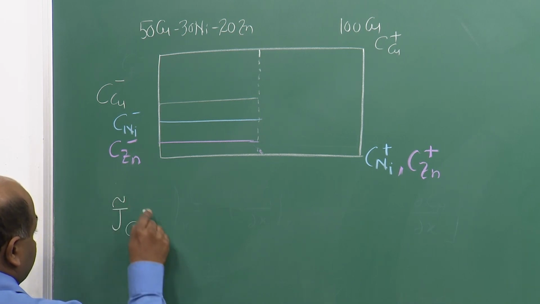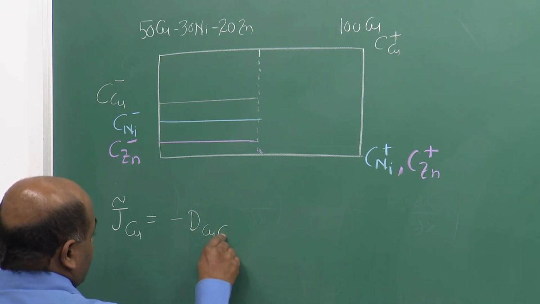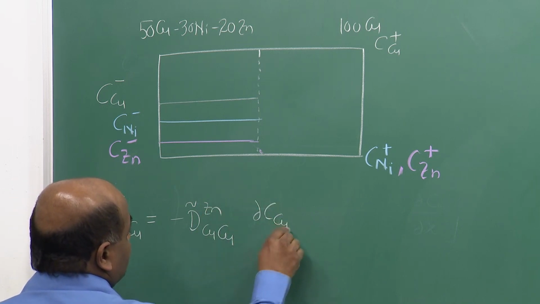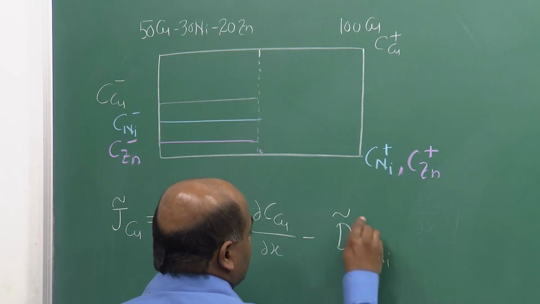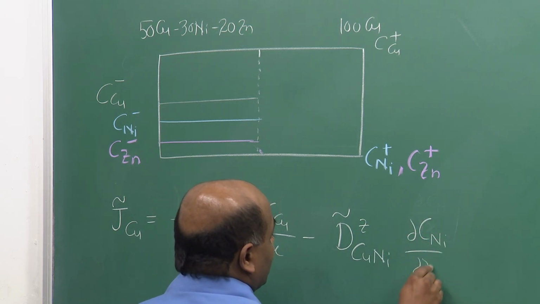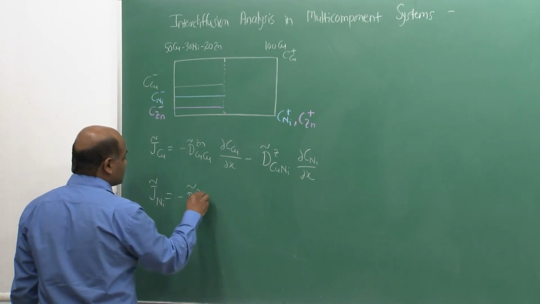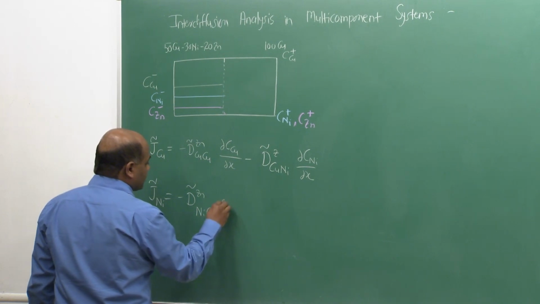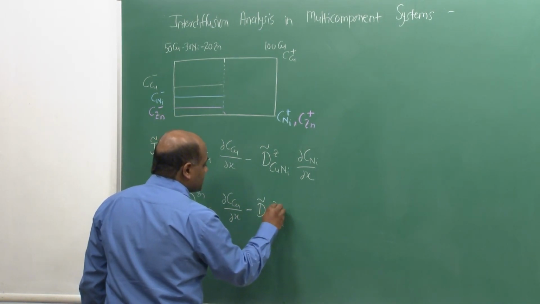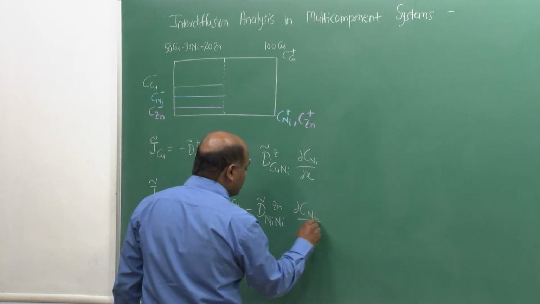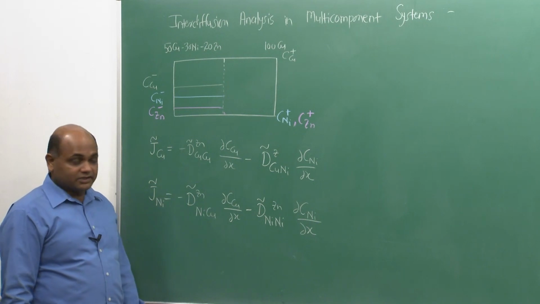So, if we write for copper, if we take zinc as dependent component, we have J tilde copper as minus D tilde copper zinc dou C copper by dou X minus D tilde copper nickel zinc dou C nickel by dou X, and J nickel tilde equal to minus D tilde nickel copper zinc dou C copper by dou X minus D tilde nickel nickel zinc dou C nickel by dou X. So, we need 4 interdiffusion coefficients at any given composition of the ternary systems, 1, 2, 3, 4.